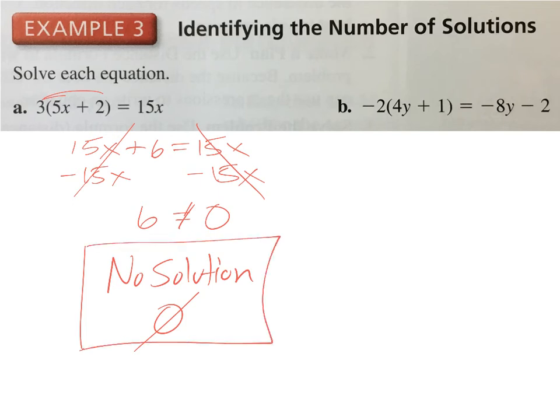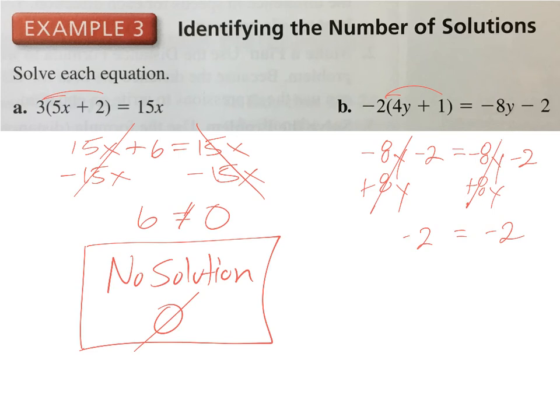All right, let's go to the other problem. We'll do the same thing here. We'll distribute. Got negative 8y minus 2 equals negative 8y minus 2. So here I will add 8y. That cancels, and that cancels 2. Another funky situation.